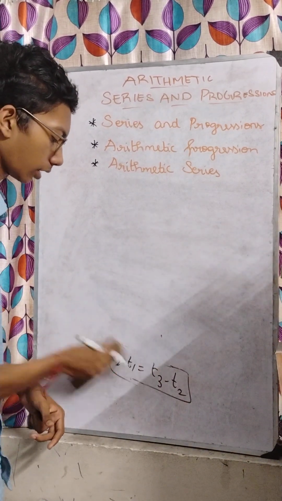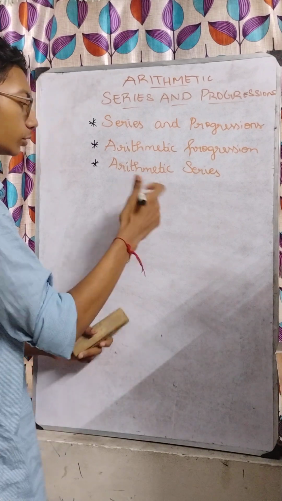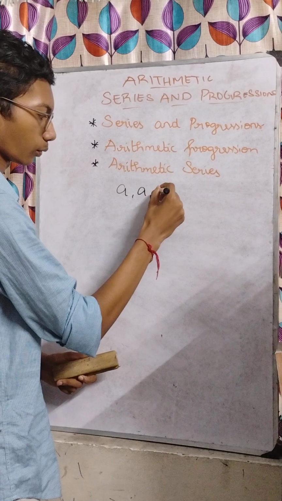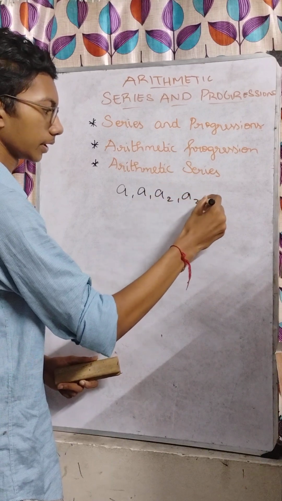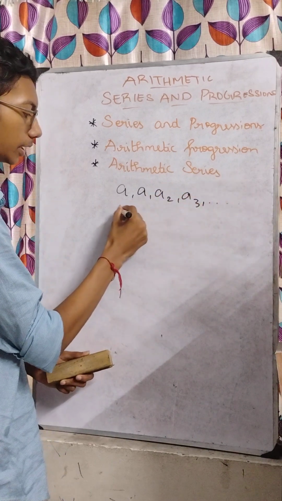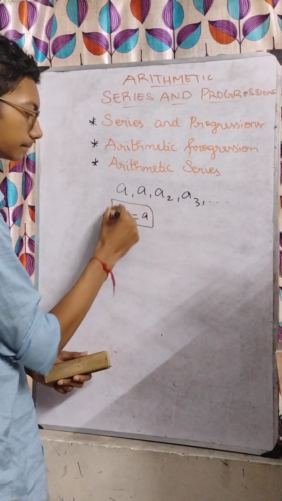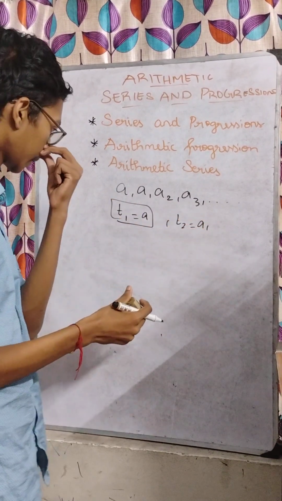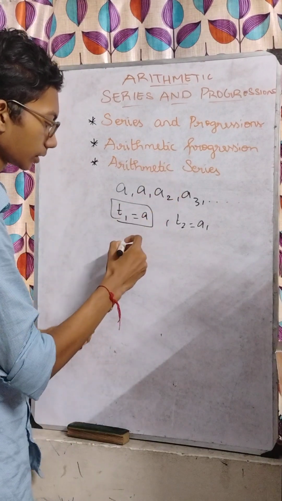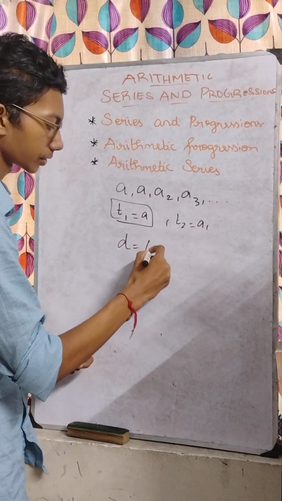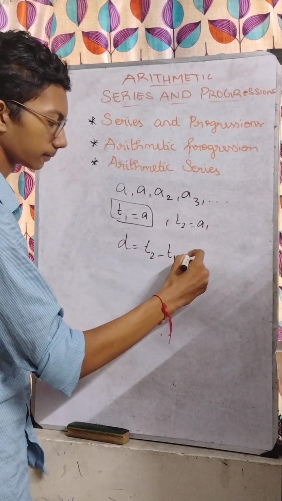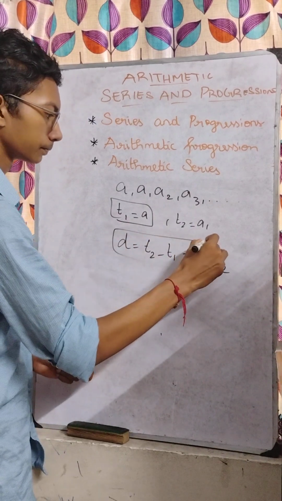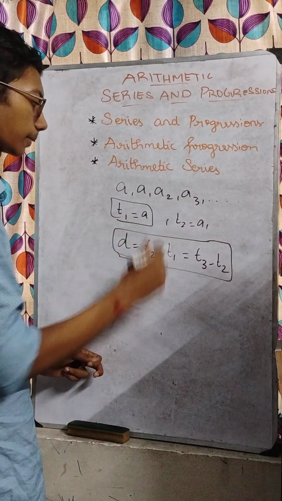For finding the common difference, we usually take the first term as a, and the next terms as a1, a2, a3 and it goes on. So T1 is a and T2 is a1, or we can define it as any number. Now the next thing is d. d is T2 minus T1 or T3 minus T2. So this is the basic thing about arithmetic progression.